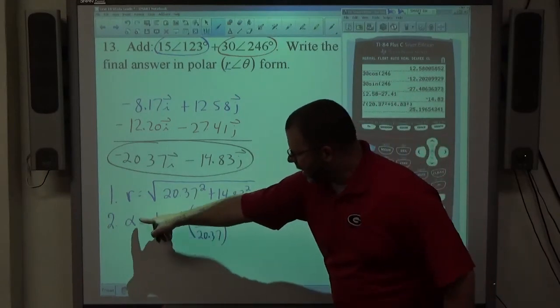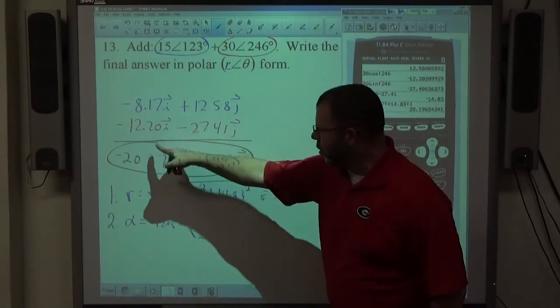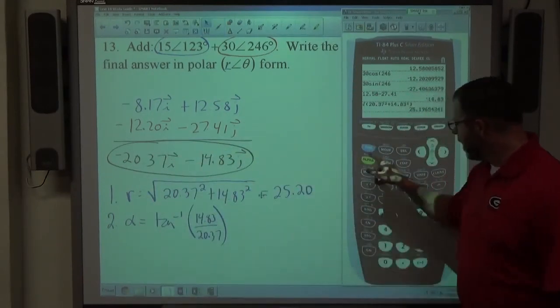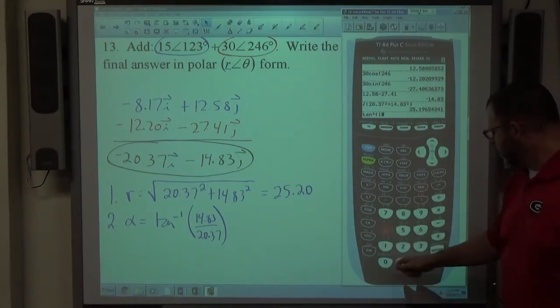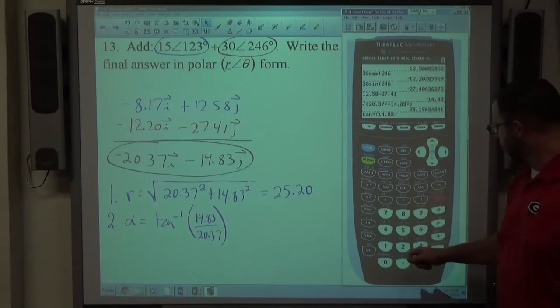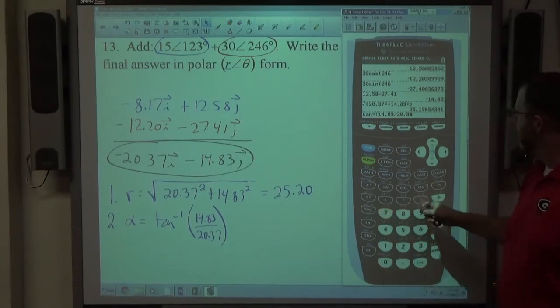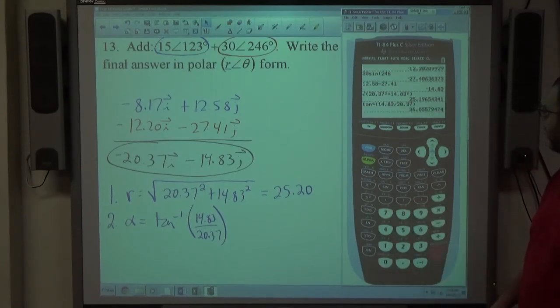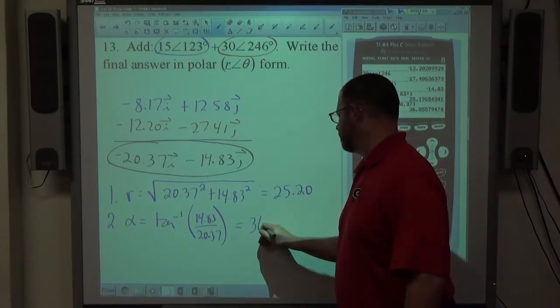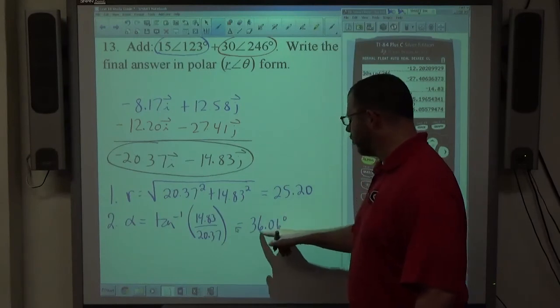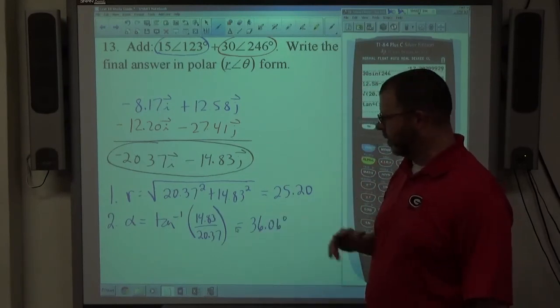The second step is always the second number over the first number every time. It's always inverse tangent, so make sure you get the second key tan. 14.83 divided by 20.37 comes out to 36.06 degrees. This should always be an answer between 0 and 90. That's step 2.